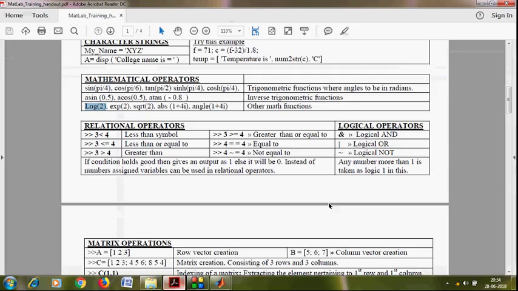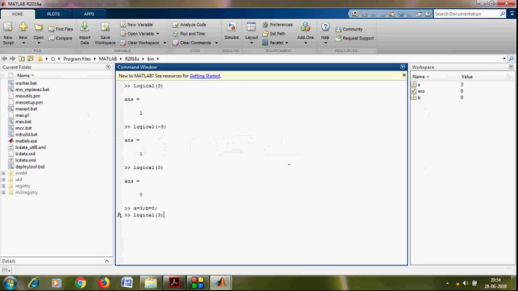Let me do one operation, say OR, of logical A and logical B. So it should have been A. Okay, so A or B, you got 1, because this 3 is 1, A is 1, B is 0 logically.